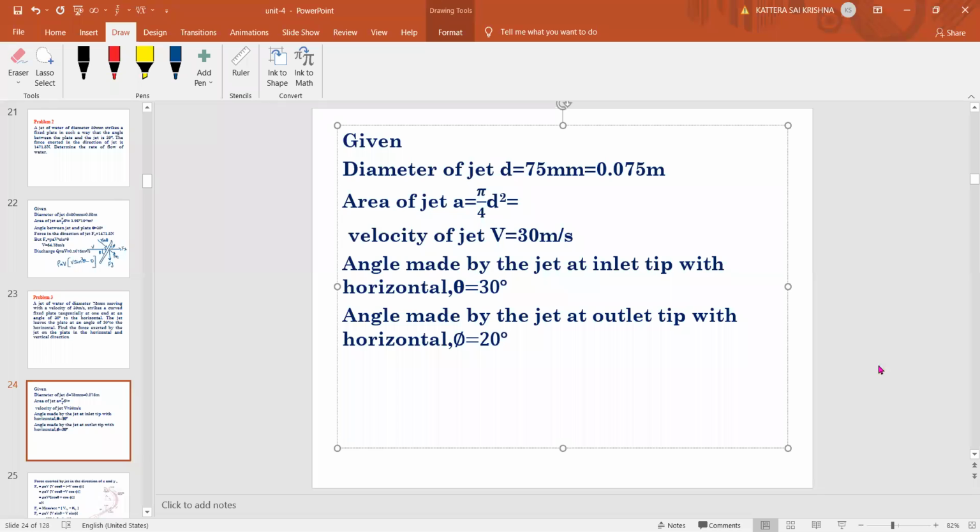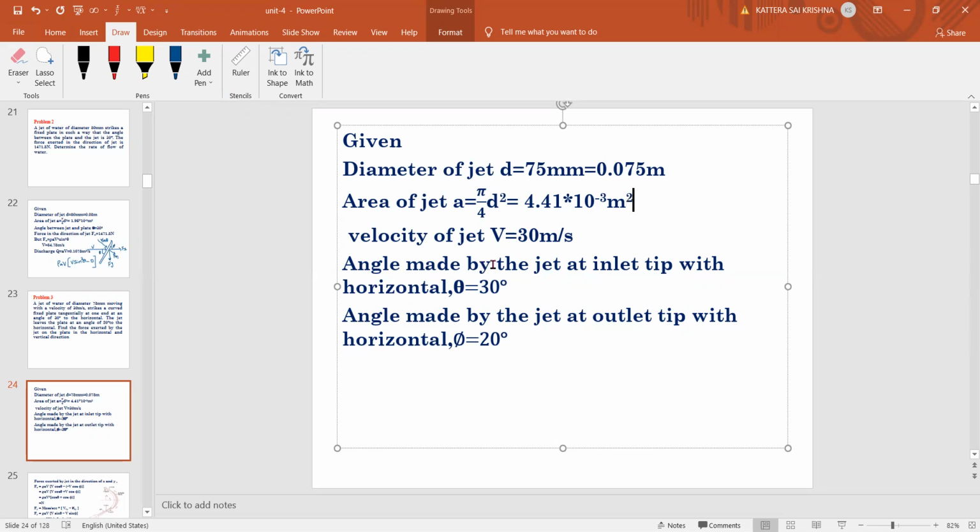Yes, a little bit faster, please. What is the value of this area? 4.41 into 10 to the power of minus 3 meter square, sir. Okay, so this is the area of the jet.